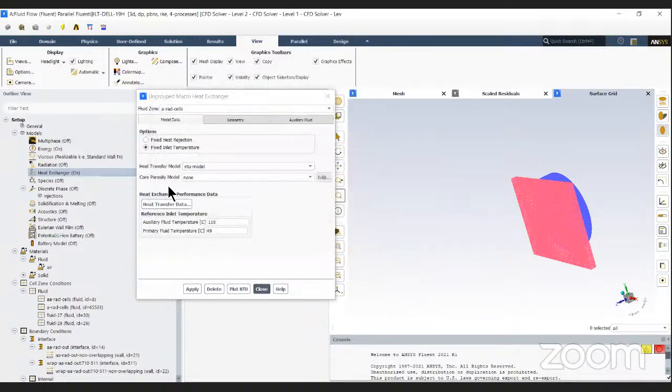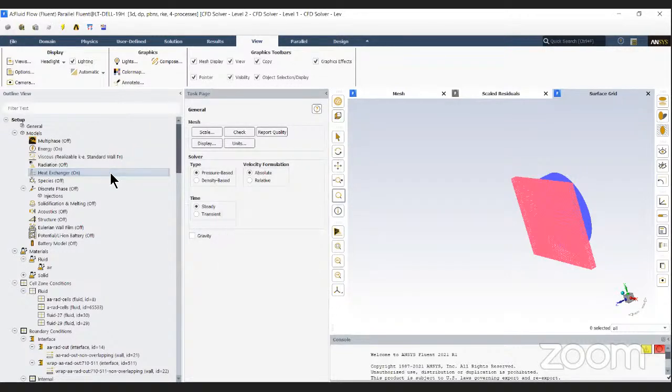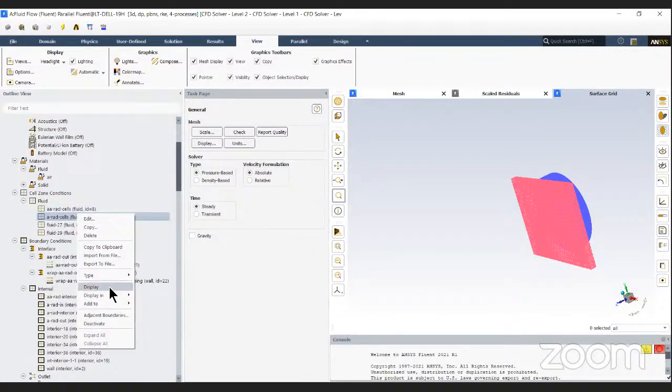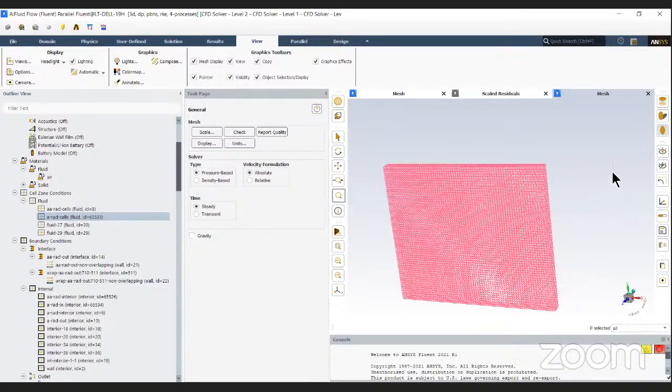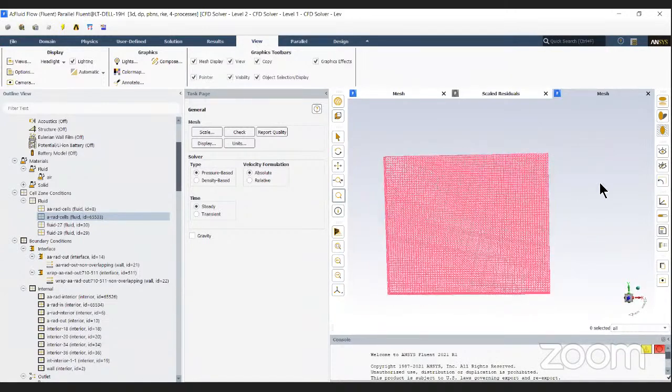So you could go ahead and enter the heat transfer data, you could enter the inlet temperatures, and then this part is important, wherein you tell Fluent how many rows are available per pass and how many columns are available per pass. So I'll show you one thing over here. So this is my zone over here, right? You will notice that there are around 60 rows and 70 columns for one pass of the coolant.